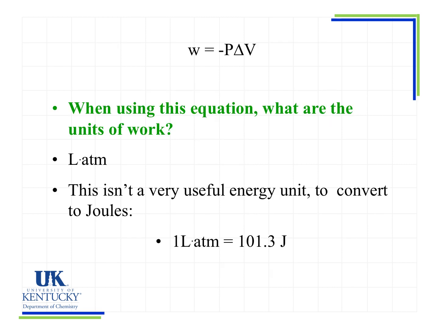So when you're working with this equation, what are the units for work? Well, it's pressure, and that's external pressure. You have to think about that. The gas expands and pushes something out against some external pressure. Okay, so we have pressure and we have delta V. So what's the unit for pressure?